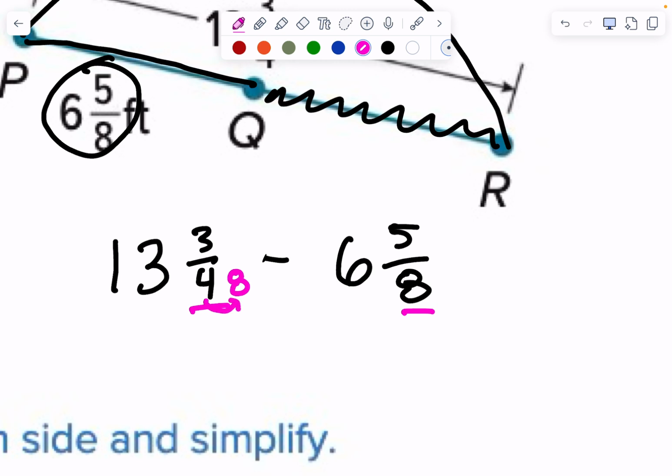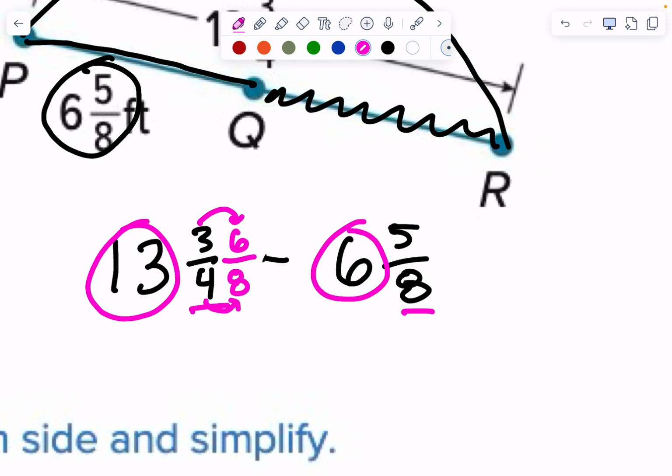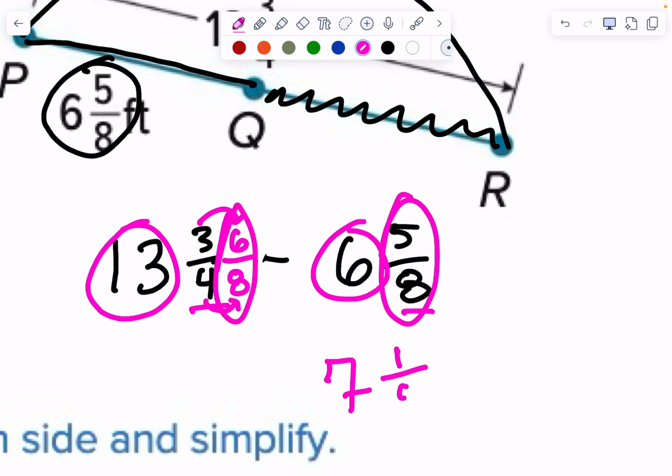If I multiply by 2 to get from 4 to 8, I multiply by 2 to get 6/8. Now without having to borrow, I can just subtract. 13 minus 6 is 7. 6/8 minus 5/8 is 1/8. So 7 and 1/8.